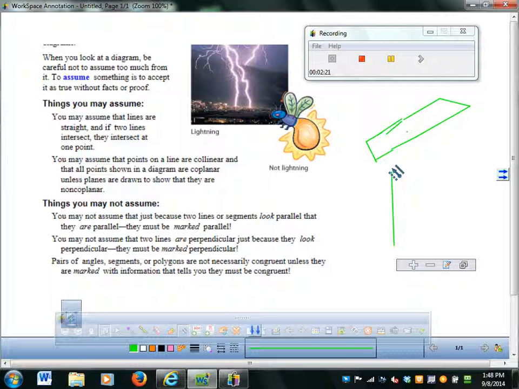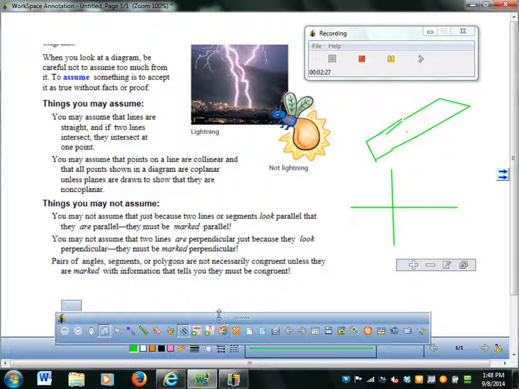Likewise, if you see something like this, that crosses like this, what could you tell me about these two lines? They cross. That's all you can assume, that they intersect. You can't assume that this angle right here is 90 degrees unless they tell you it is 90 degrees.